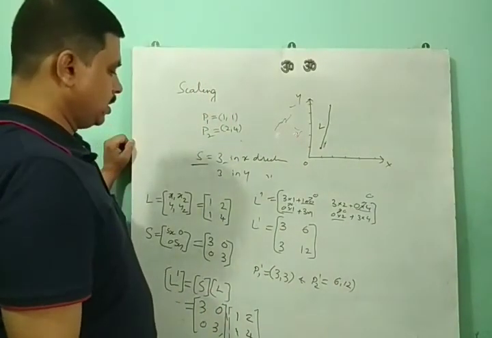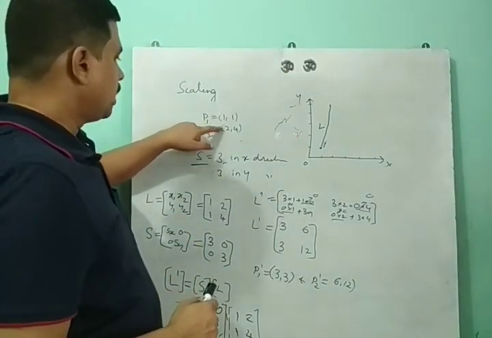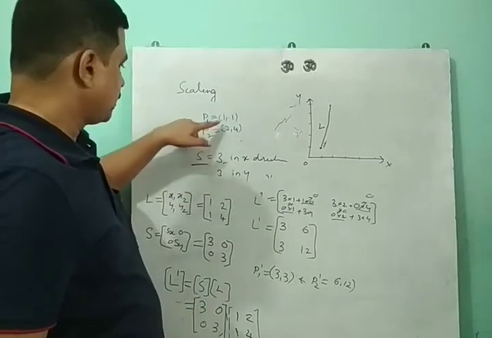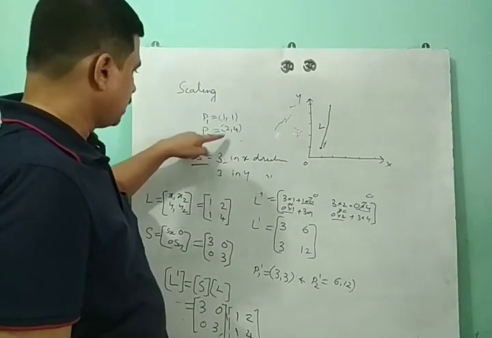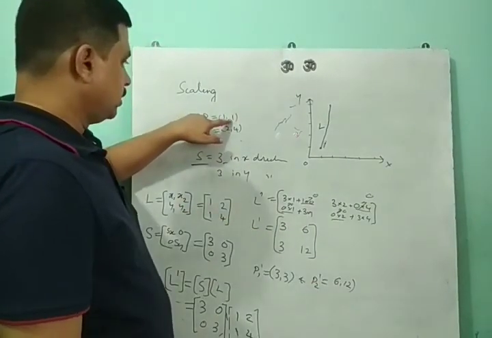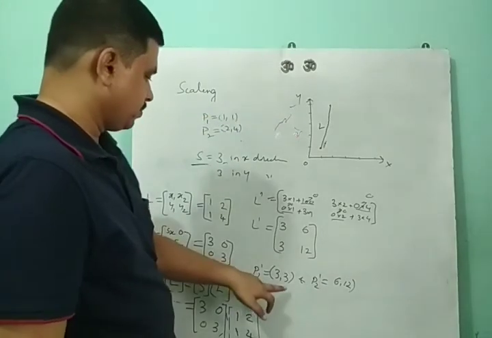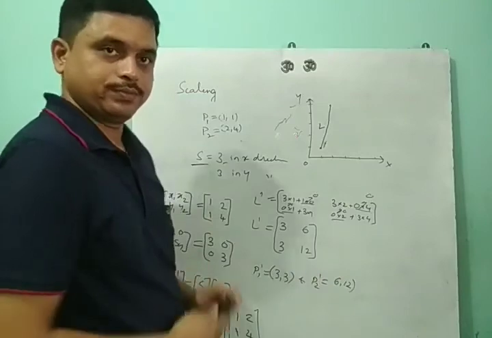So what you can observe here is that the x terms and y terms are multiplied by 3. 3 into 1 is 3, 3 into 2 is 6, 3 into 1 is 3, 3 into 4 is 12.